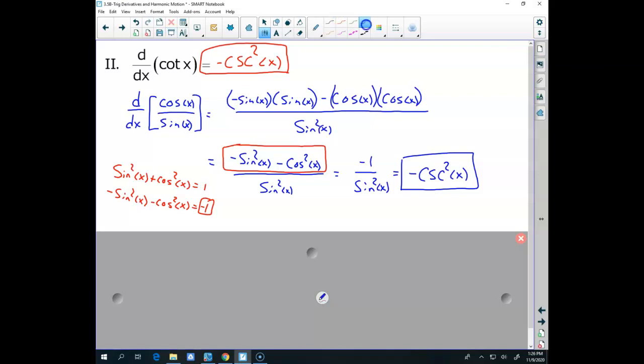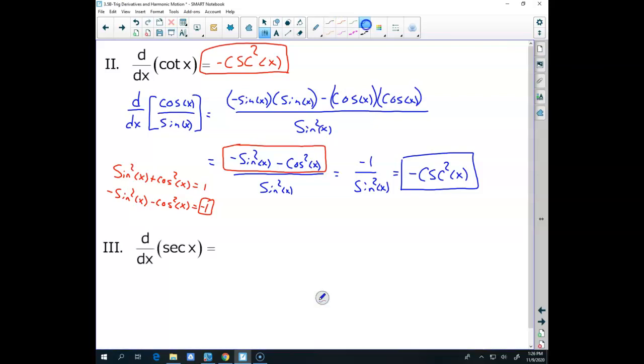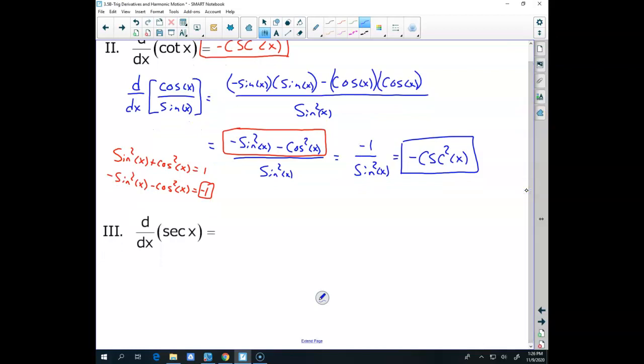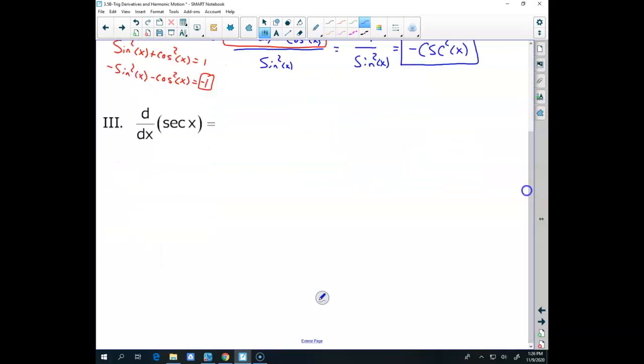So we're going to take a little gander down here at the secant. Well, I don't know what the derivative of secant is, but I do know that secant has a trigonometric identity, 1 over cosine x. And then I can see, a quotient rule.